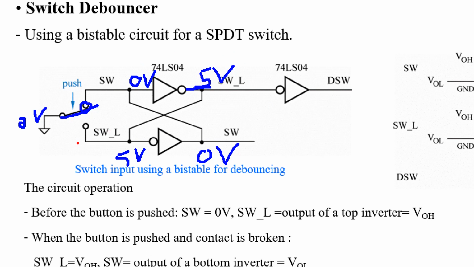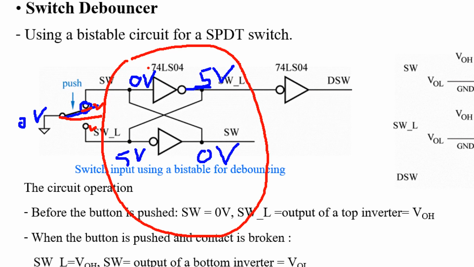And when the contact separates from this point and is between this and this, namely in the air, this circuit is bistable, right? So it can keep this value, 5 logic high and 0 logic low.